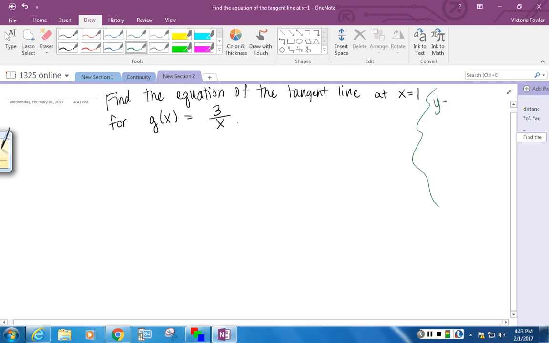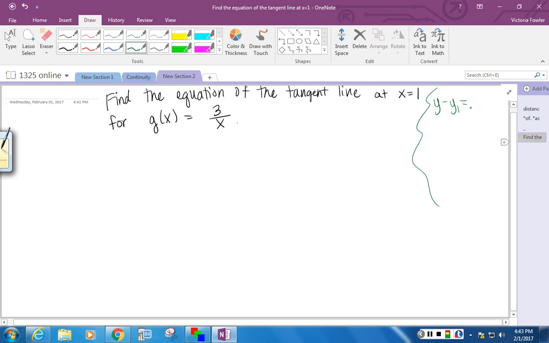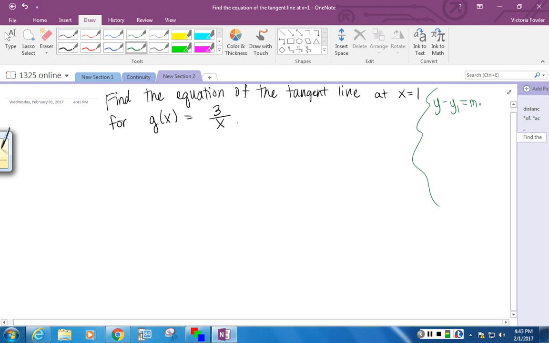Okay, so if it says I want to find an equation of a tangent line, that means that eventually I'm going to have a linear equation, and I can start it off as y minus y1 equals m times x minus x1. Right, if I'm going to write an equation of a line, I need a point and a slope.